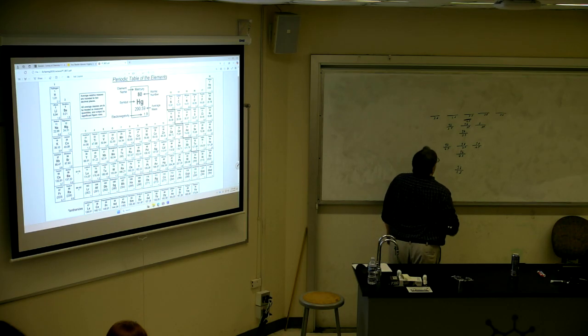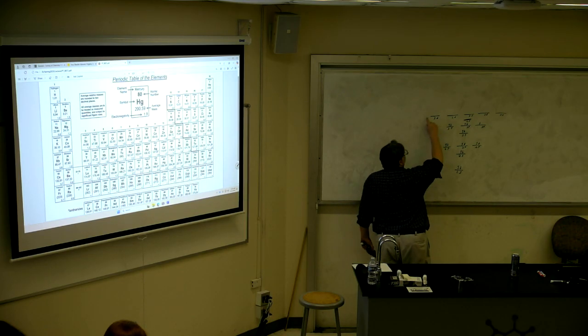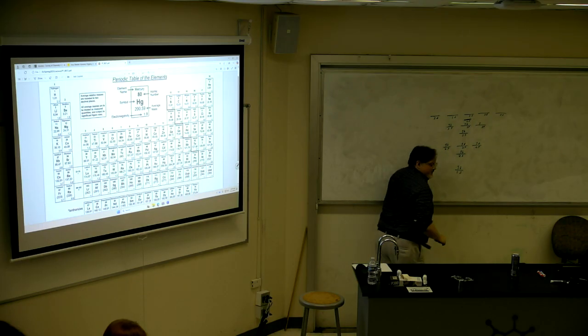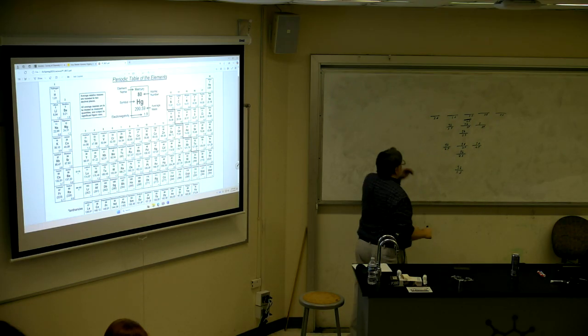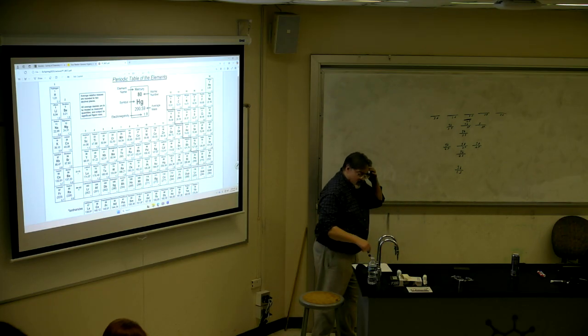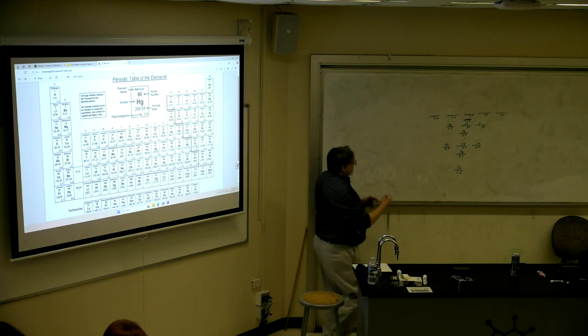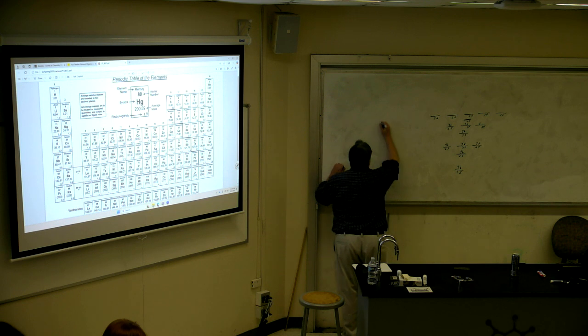Get this out of the way. And technically, I didn't have to write this or this because it stops there. It just makes things look more messy. So that's one way to represent the electron configurations. Books don't do this anymore. They do it 6 other ways.